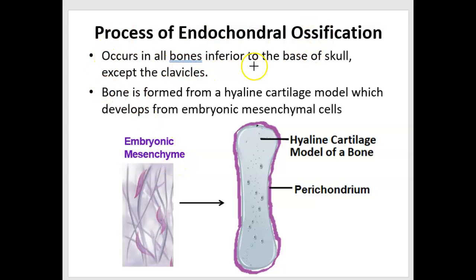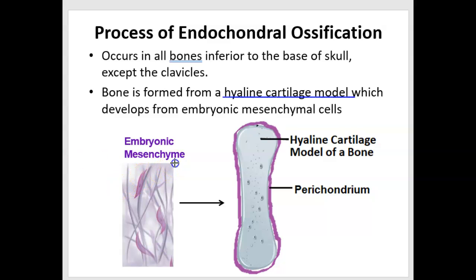This occurs in all bones, as I mentioned, inferior to the skull except the clavicles. Now, bone is going to form from models of bones, precursors to bones. They're small, but they're the right shapes. They're called hyaline cartilage models.